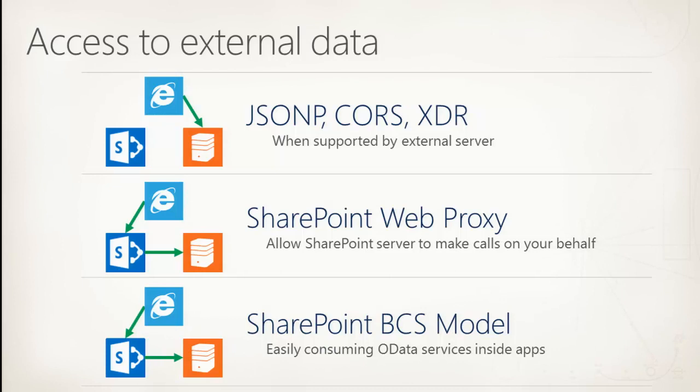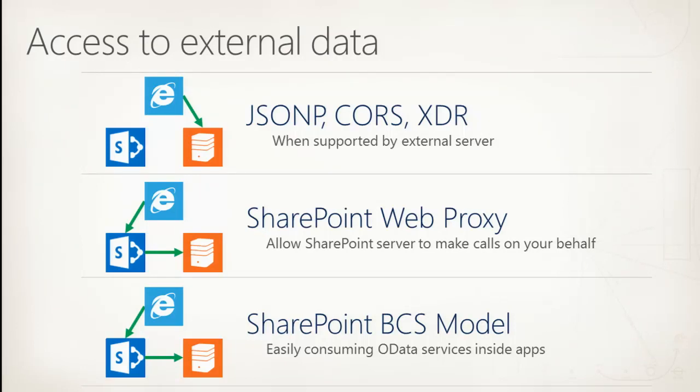Finally, you can also use BCS, or Business Connectivity Services, and create a business data connectivity model for your app. This is mostly for when you have very structured data that you want to access and bring into SharePoint as if it was part of a normal SharePoint list.